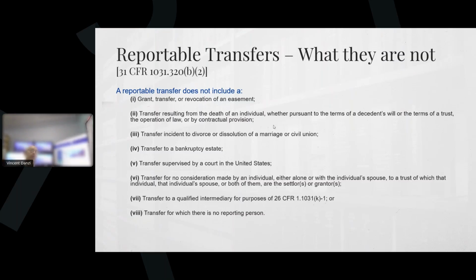The only time that isn't going to be the case would be where, let's say, your transfer is in late January.